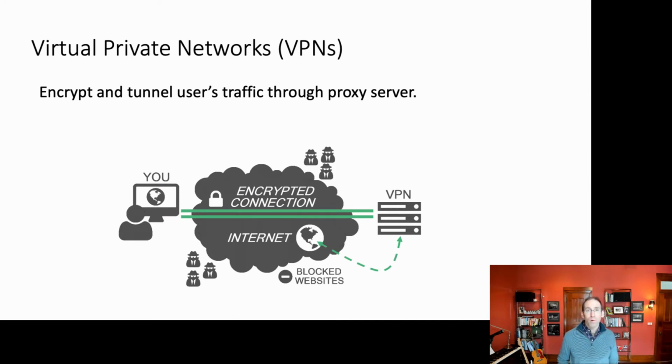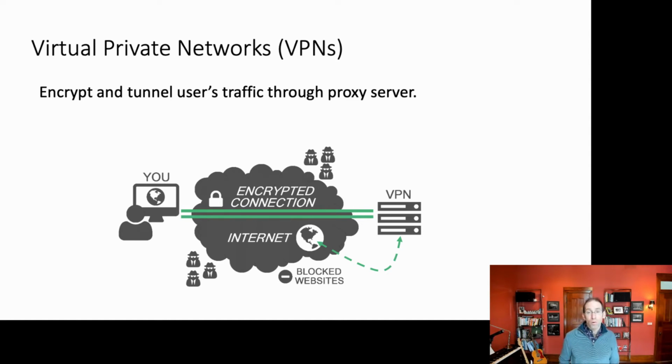The concept of a virtual private network is quite simple. The idea is to encrypt and tunnel users' traffic to a proxy server that's sitting on the uncensored internet. That proxy server can then subsequently fetch information from the public internet and relay that information back to the client over an encrypted connection.